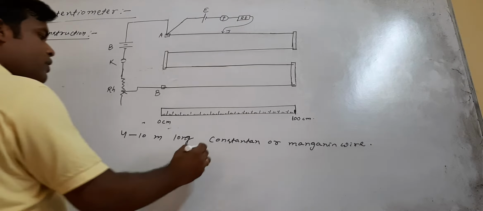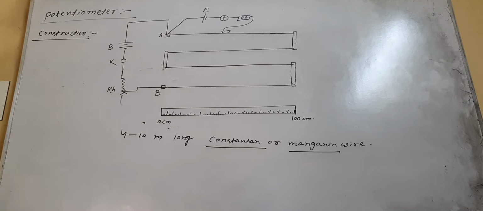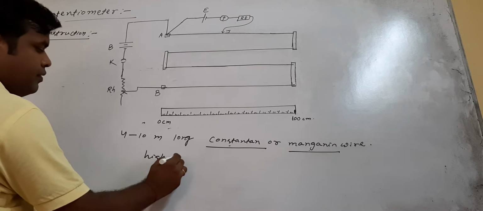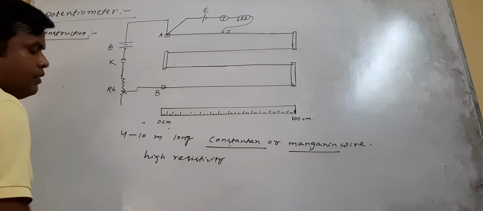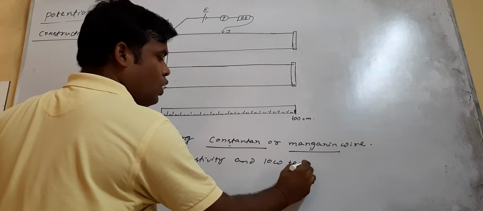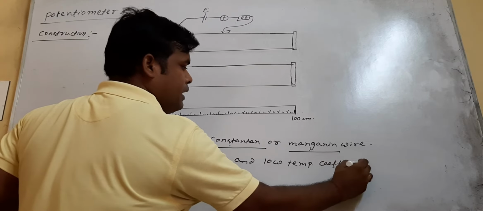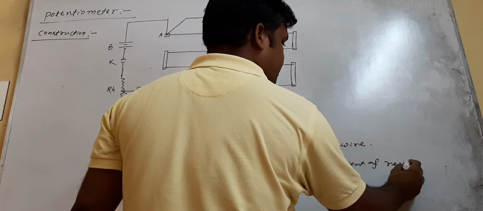You know, constantan and manganese are alloys. They have high resistivity and low temperature coefficient of resistivity.